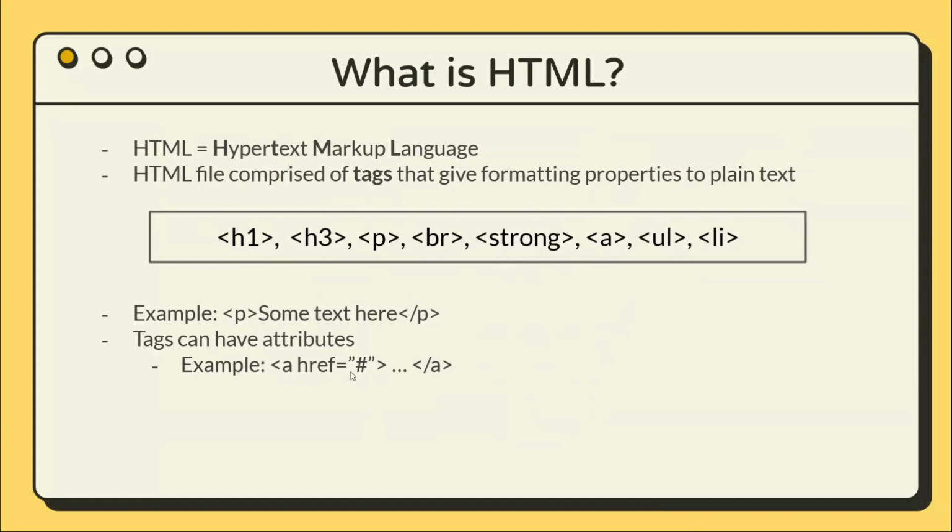But in this case, this would be a link to a website, and then the href would be equal to the link to the website that you're trying to access. And then I'll show you an example in a second, but any text between these two A tags would be the text that's displayed as the title for the web page.